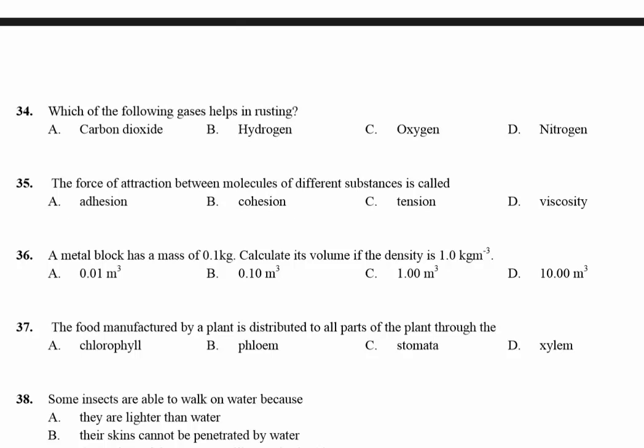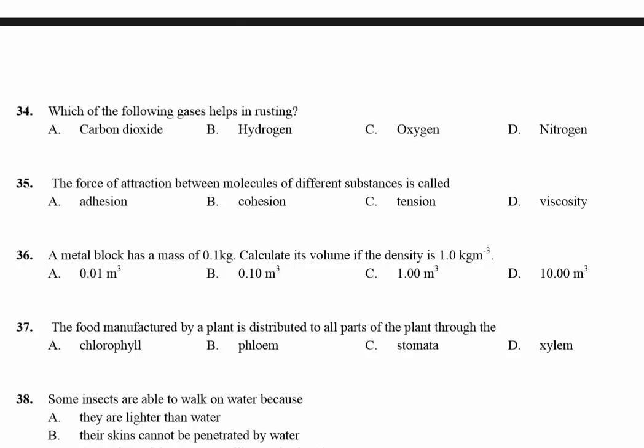So to find the volume, it is mass divided by density. If you divide 0.1 kg by 1, the answer is going to be 0.1 meters cubed.